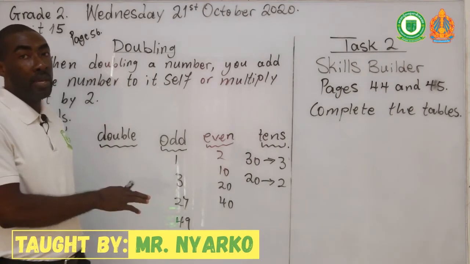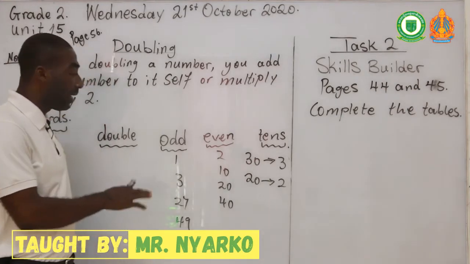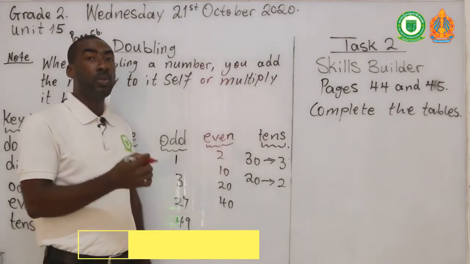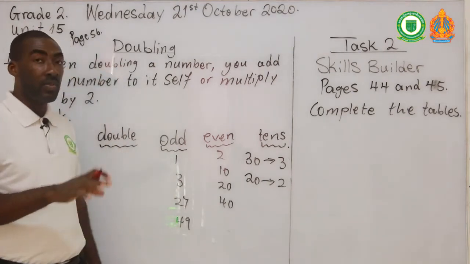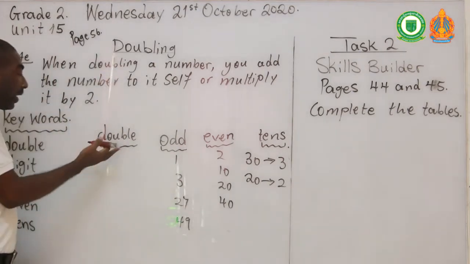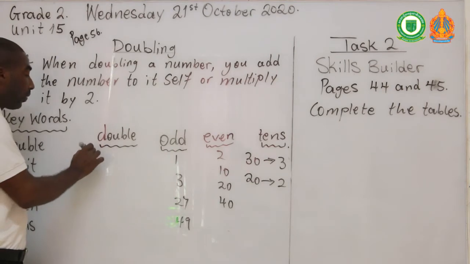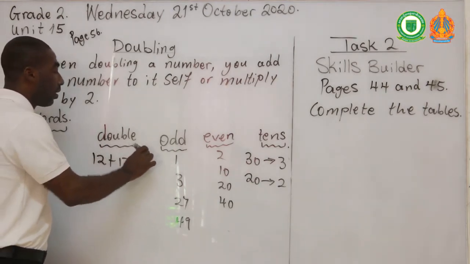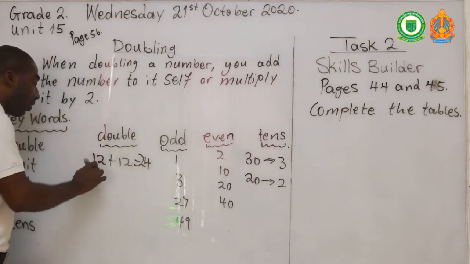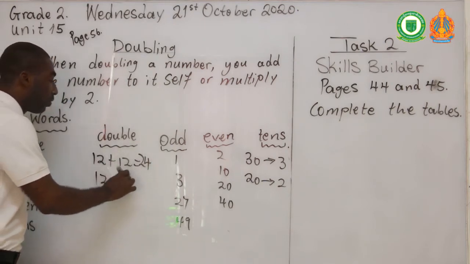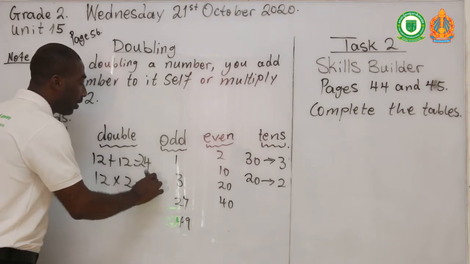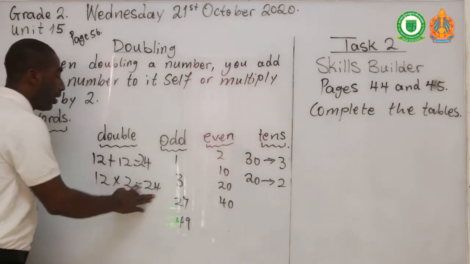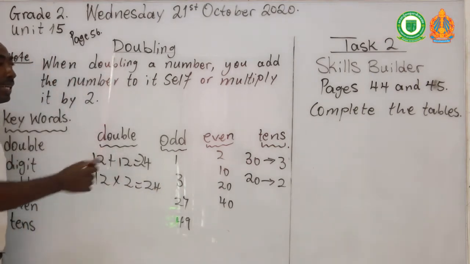When you divide these numbers by 2, you will have a remainder. And then we come back to our doubling. We can say 12 plus 12 will give us 24, or we say 12 times 2 will also give us 24. So it continues like that.